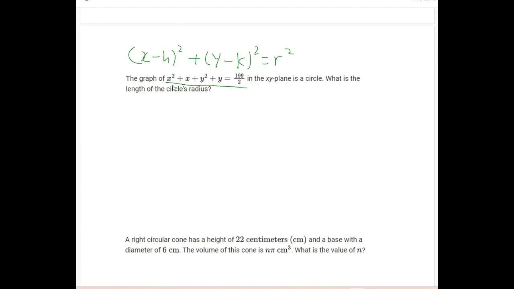So if I look at this here carefully, I need to add something here. And this is a common mistake. If you're going to add something on the left, don't forget to add those on the right as well.